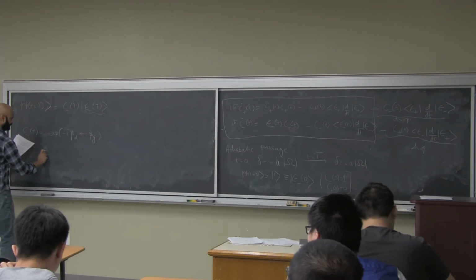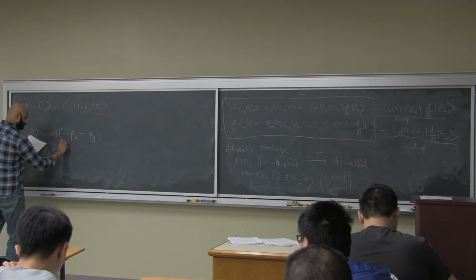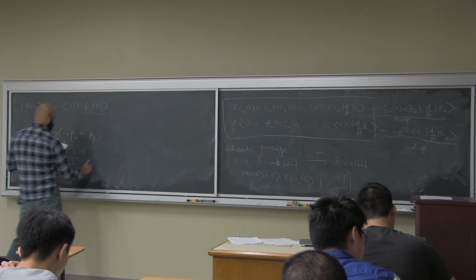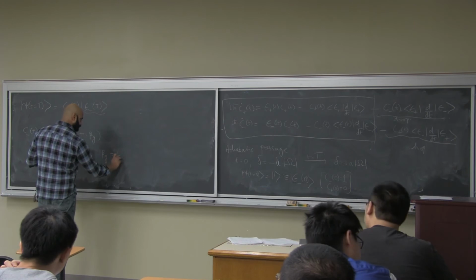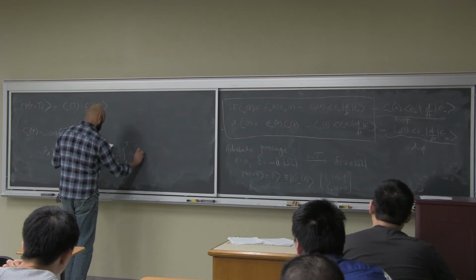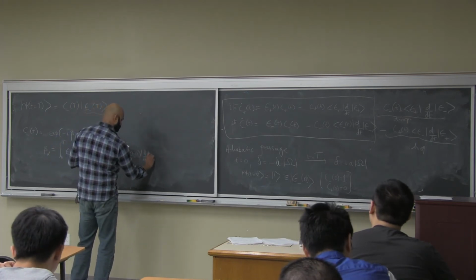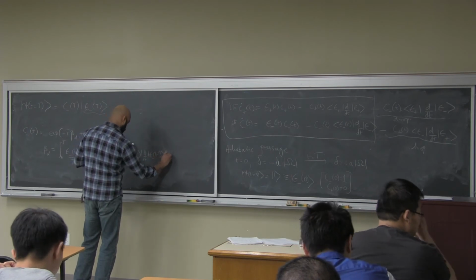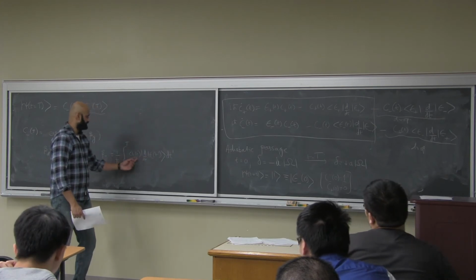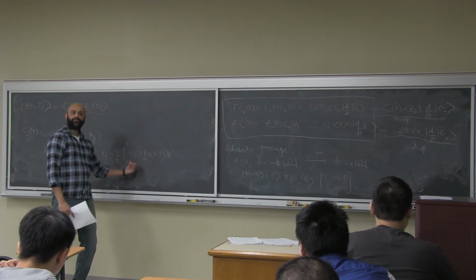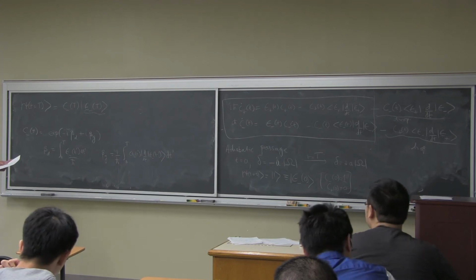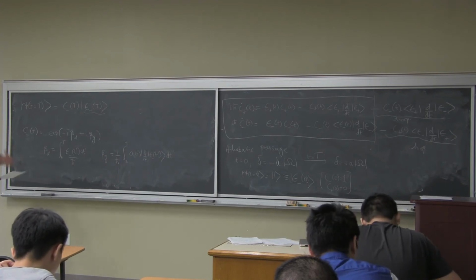Beta d, as I've called it, the dynamic phase, is the integral from 0 to t of epsilon minus prime, dt prime, over h bar, and beta g, the geometric phase, is 1 over h bar, which represents as epsilon minus evolves, it ends up having some angle with respect to its final term, which is its original angle in the basis states.